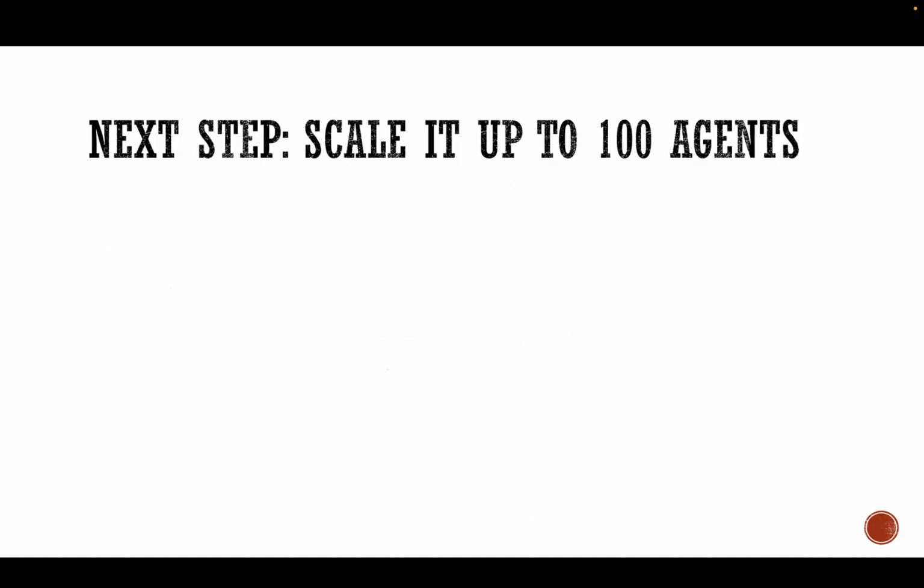Okay, next step is that we want to scale this up to 100 agents. So how do you scale this up to 100? Because now we're looking at 1 win-stay-lose-shift against 1 win-stay-lose-shift. But as soon as we add any probabilistic element like the noise, 1 agent is not going to tell us the full picture.